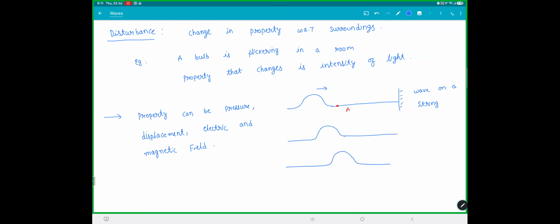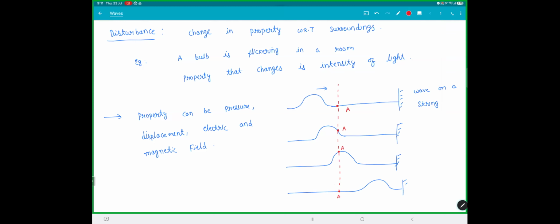This bump will be somewhat like this, and this bump is gone here. If you look at the motion of A, A is initially on the horizontal surface, then A has gone a little up, then A has gone to the highest point, then A has come back to the bottommost point.